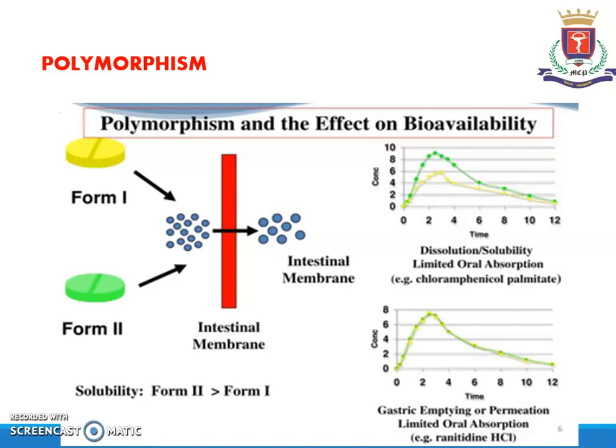Now consider an example of a drug which has two polymorphic forms, form 1 and form 2, represented with two different colors here in the diagram, but they have different solubility properties. Form 2 is more soluble than form 1.